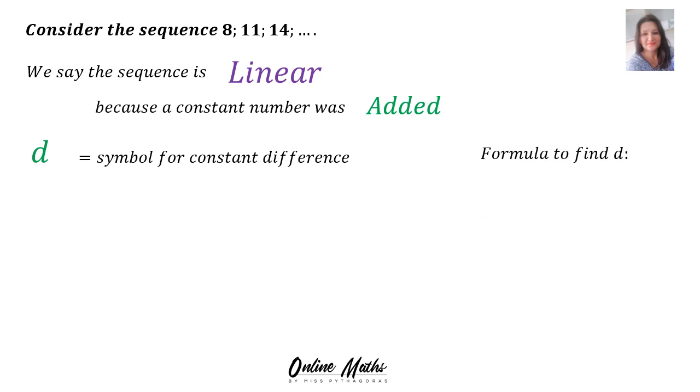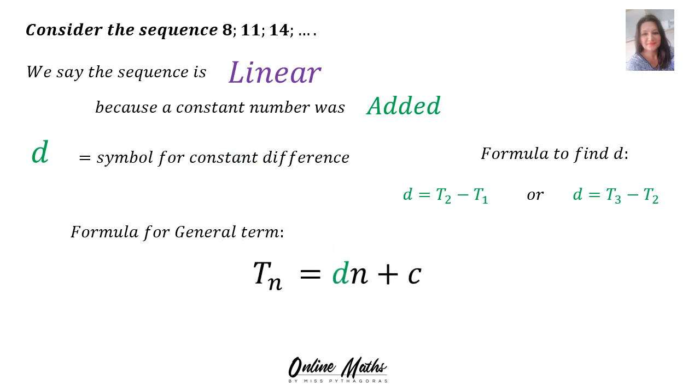The formula to find D is equal to term 2 minus term 1, or D is term 3 minus term 2. The formula for the general term of a linear sequence is Tn equals Dn plus C. You must remember that formula.